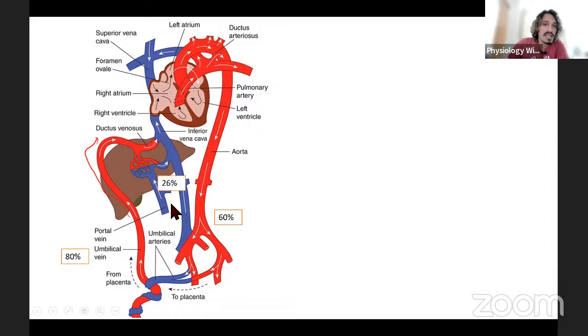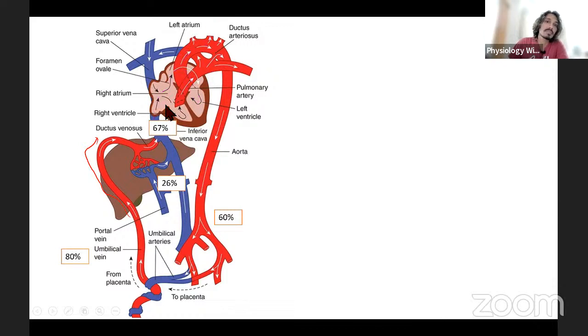Now, whatever is being picked up from the body through the portal circulation is usually as low as 26%. Finally, when the two mix around this level, it comes to around 67%. Now, this which is coming from the inferior vena cava goes up, reaches the right atrium, and immediately goes in this direction.